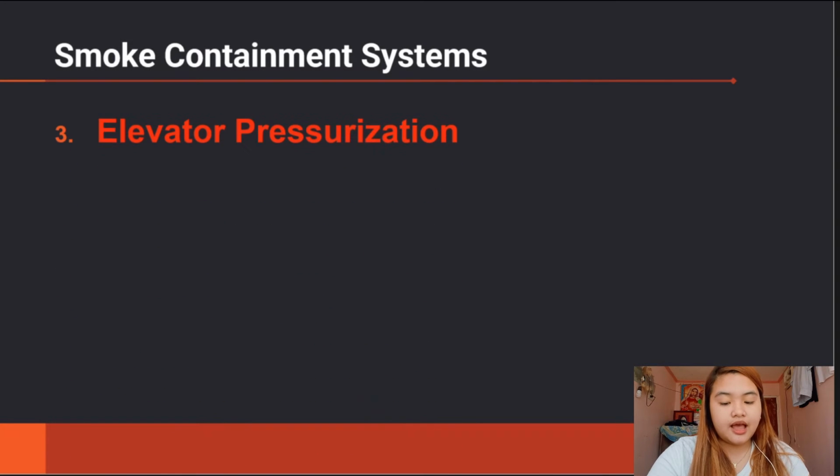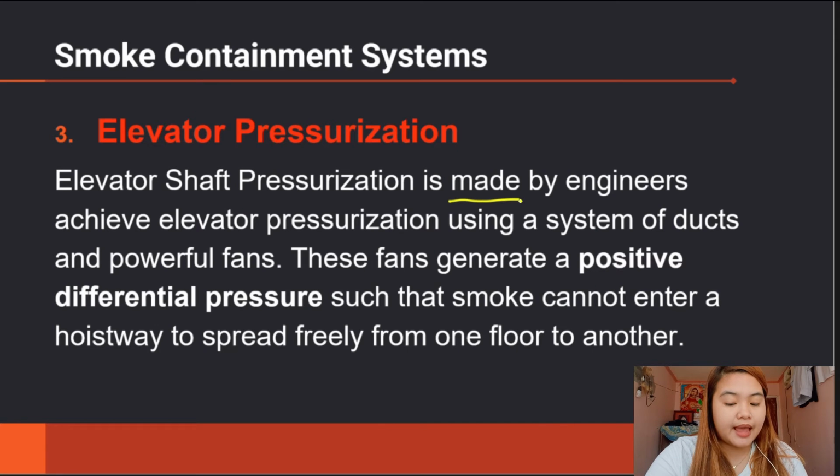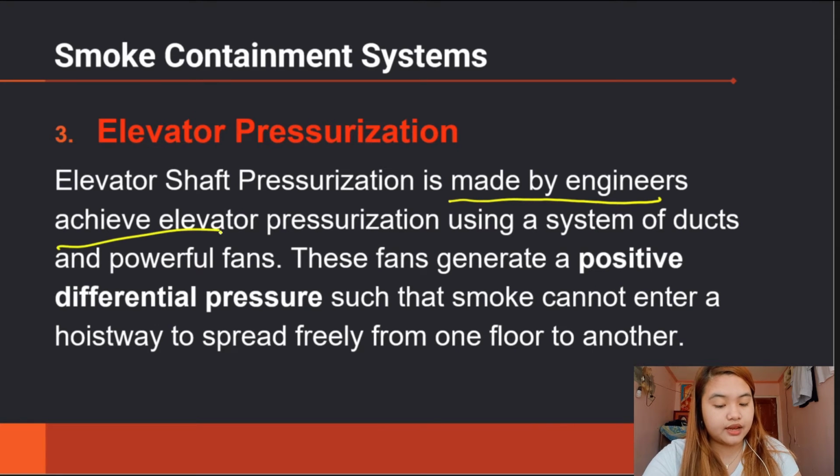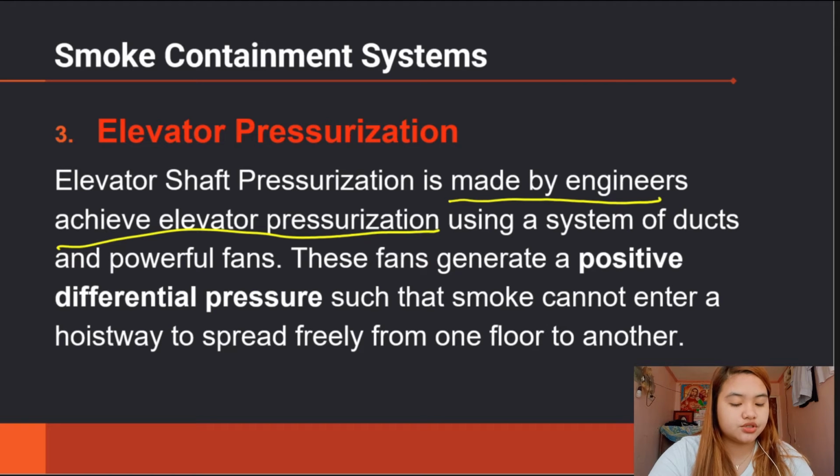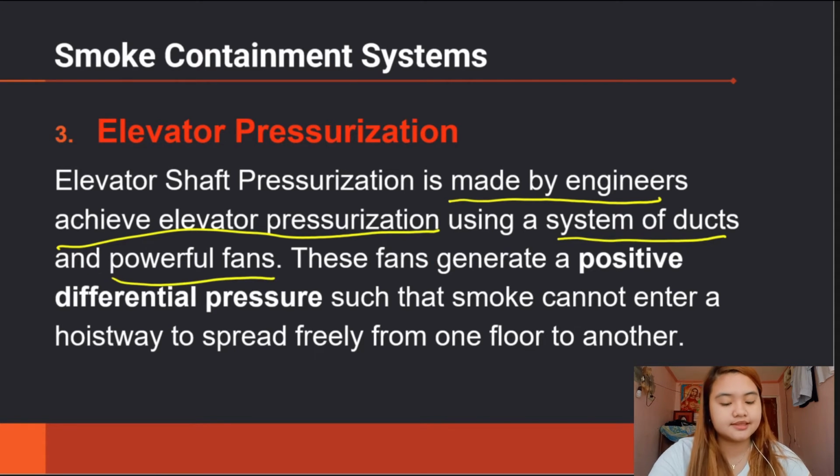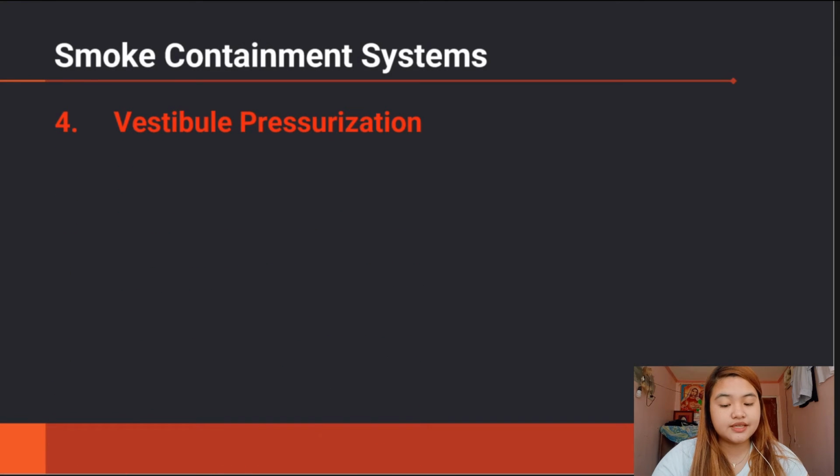Next is elevator pressurization. This is achieved by engineers using a system of ducts and powerful fans. These fans generate positive differential pressure so that smoke cannot enter the hoistway and spread freely from one floor to another. And the last one is the vestibule pressurization.